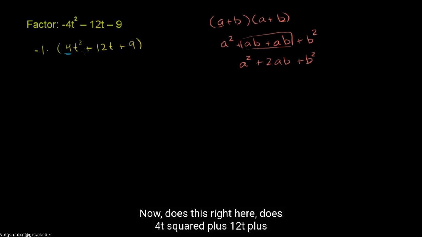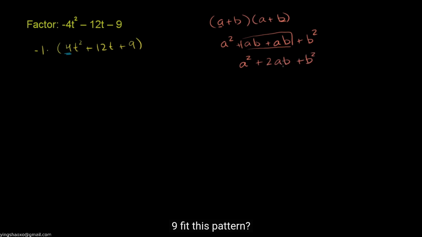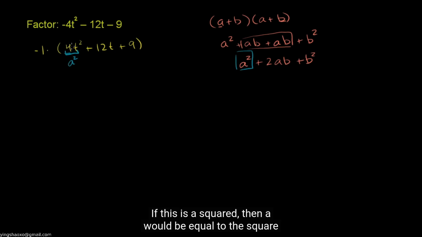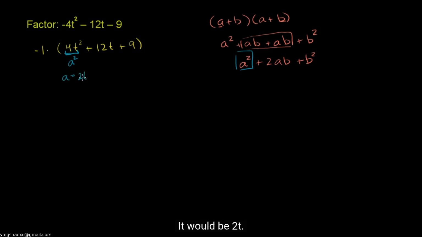Now, does 4t squared plus 12t plus 9 fit this pattern? Well, if 4t squared is a squared, then what does a have to be? a would be equal to the square root of this. It would be 2t.